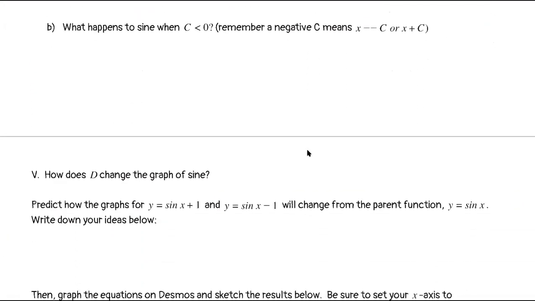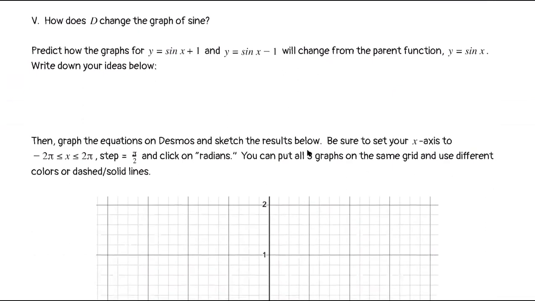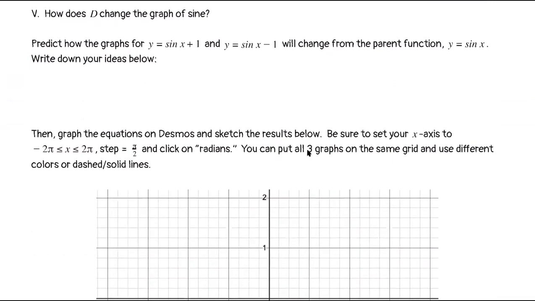So I'm not asking you to graph anything on your own. We're using Desmos and then copying the main point. And then there'll be one last one, which is another place where there's a number, and what do you think that number will do? And then you're going to sketch the graphs to convince yourself of what's happening there, okay?